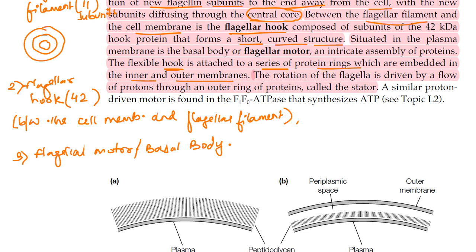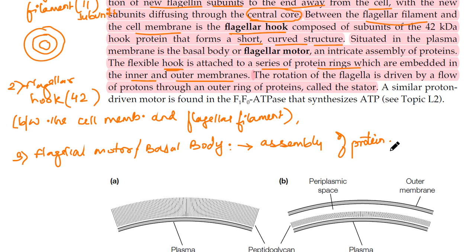So look at the last point, the flagellar motor or the basal body. They are an intricate assembly of proteins. I will show you the picture of how it looks.